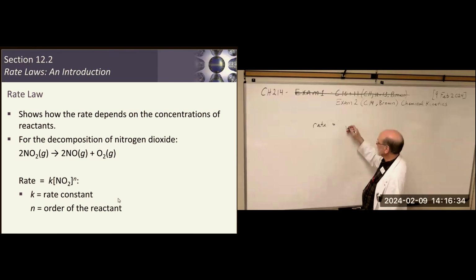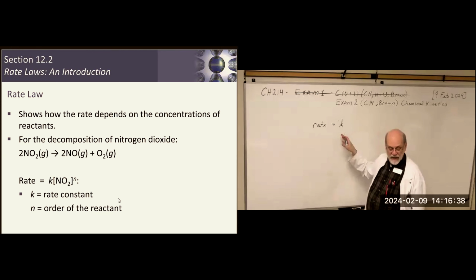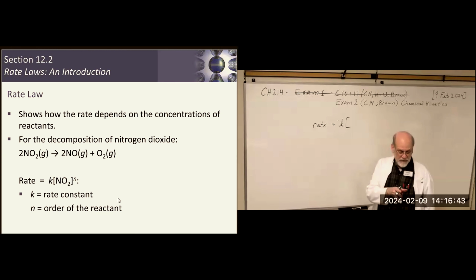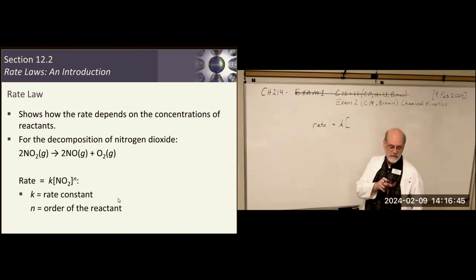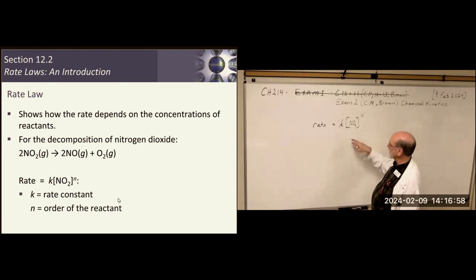And then we say there is a constant value that we can multiply by, and they're sticking with that decomposition of nitrogen dioxide. So our term in here is going to be the concentration of nitrogen dioxide carried to a power. Okay, so we've got two variables here. Well, this isn't really a variable, it's a constant. And then this one is fixed for the reaction too.